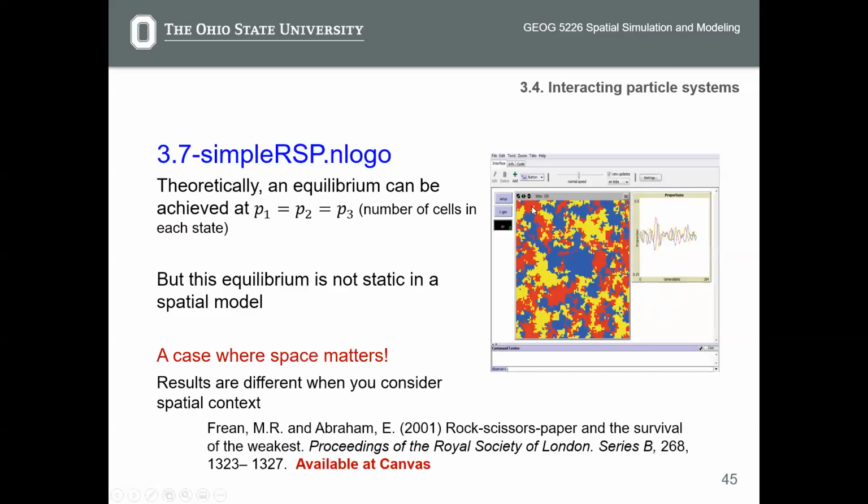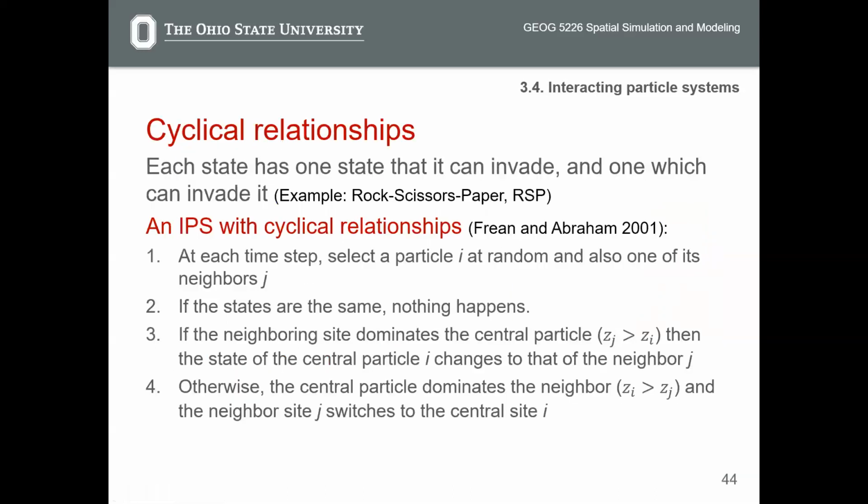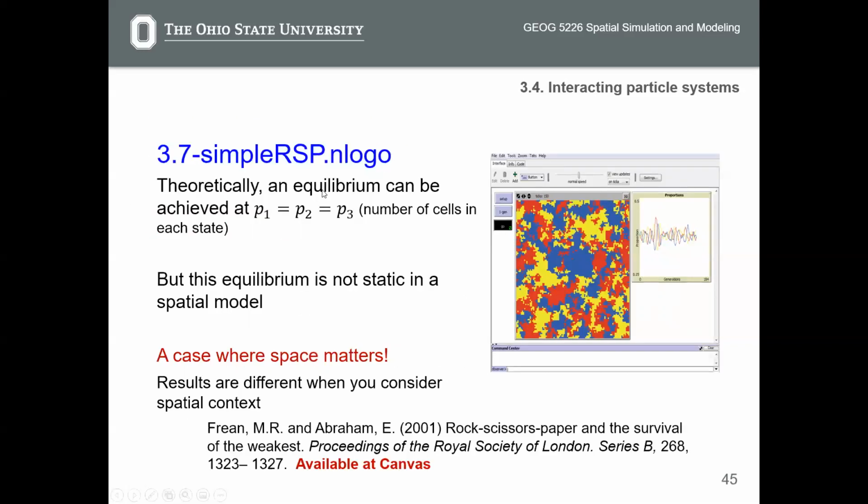And this is a model you can use in NetLogo to address cyclical relationships. Theoretically, equilibrium can be achieved at P1 equal to P2 equal to P3, where P is the number of cells in each state.